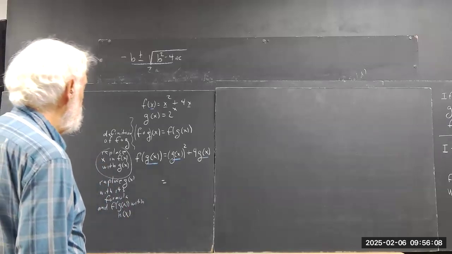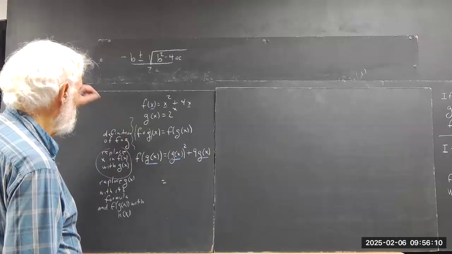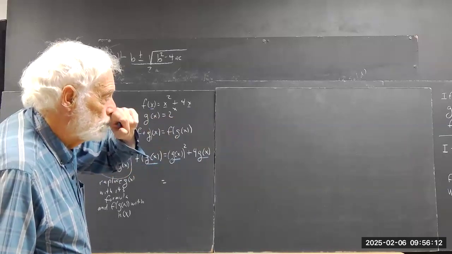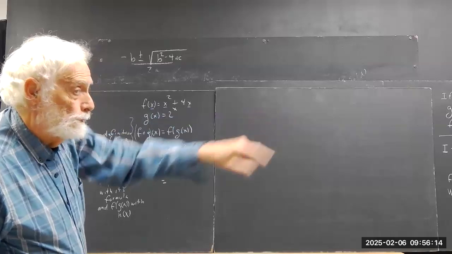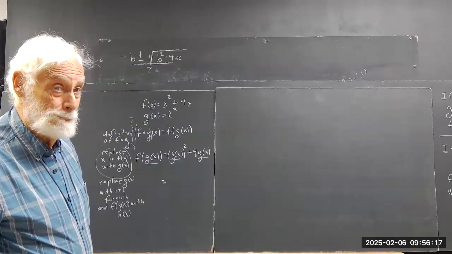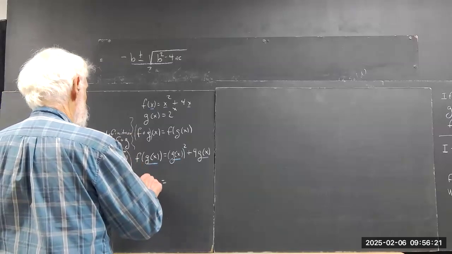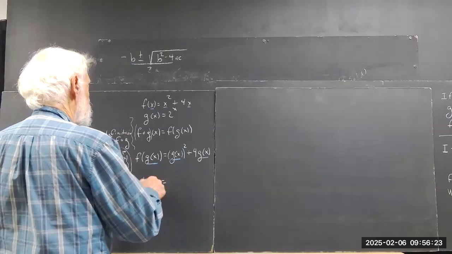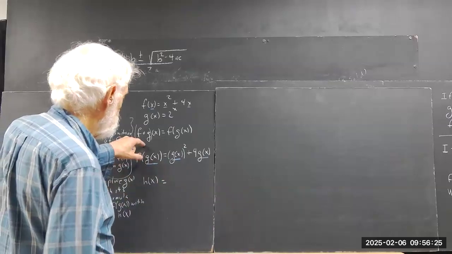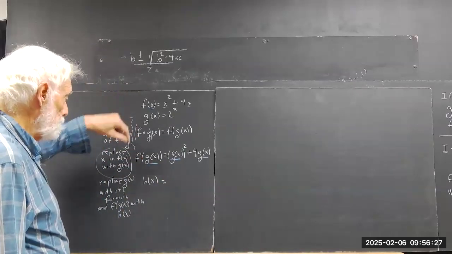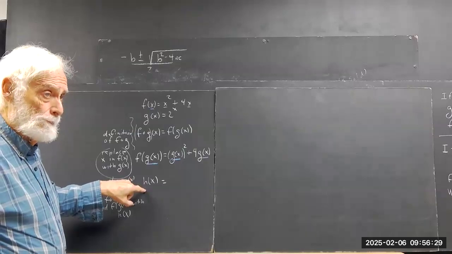And since we're asked, find h of x equals f circle g of x, right? So now we're going to call this h of x. The problem stated h of x equals f circle g of x. I probably should have written the h of x up here, but we can do it that way.